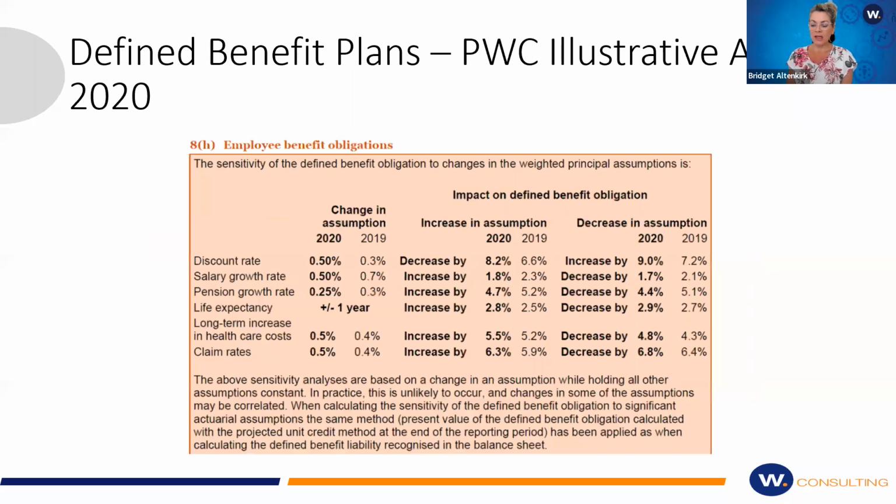This is also an example of how the sensitivities could be disclosed. As I've mentioned, sensitivities should be included for IAS 36 as well as for IFRS 13. If that discount rate had to increase by a certain percentage or decrease by a certain percentage, what would be the impact on that liability in this case?